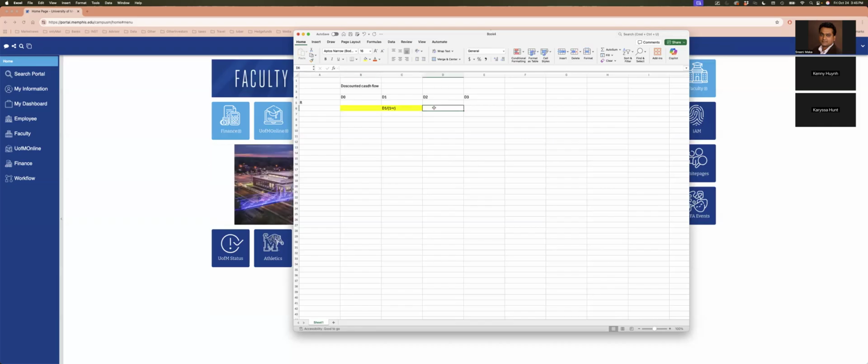And for D2, if you get D2 in the second year, the value as of today, two years from now, is D2 divided by (1 plus R) squared. So that's what you're doing.